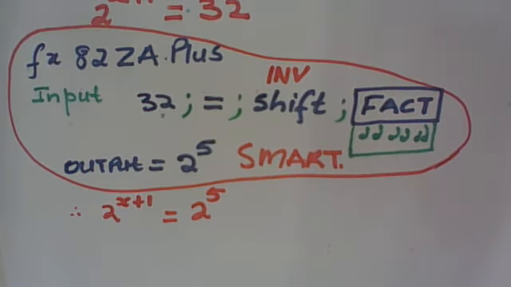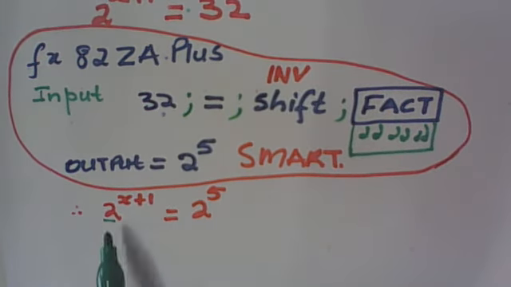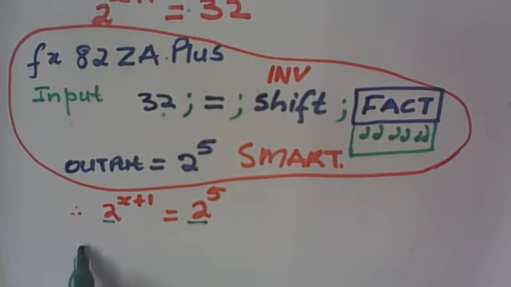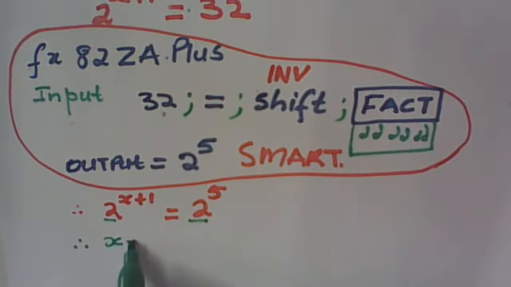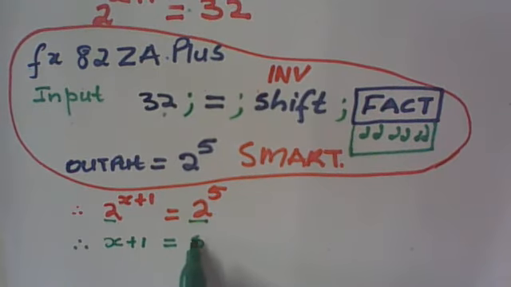In an equation where you have one term equal to another, but those terms are in exponential form, that implies if they have equal bases, their exponents are also equal. Look at this. 2 is equal to 2. Therefore, x plus 1 equals 5.